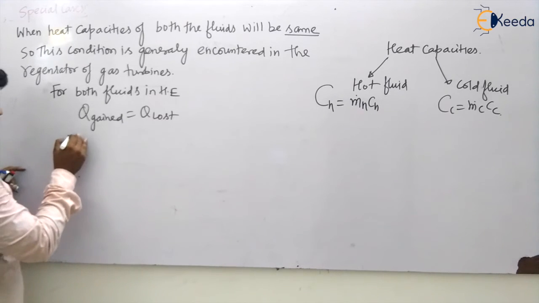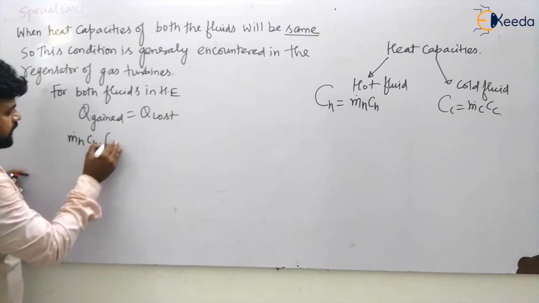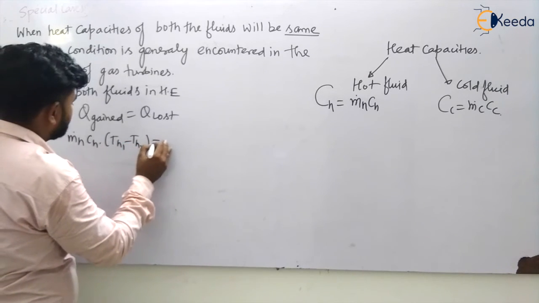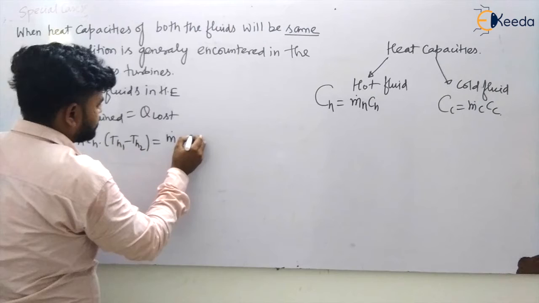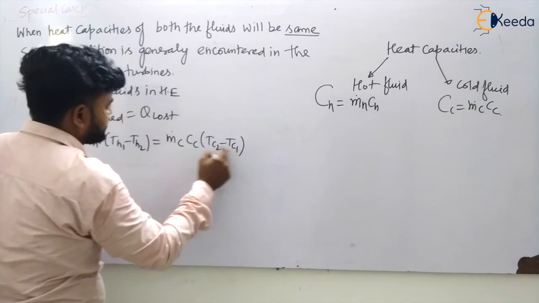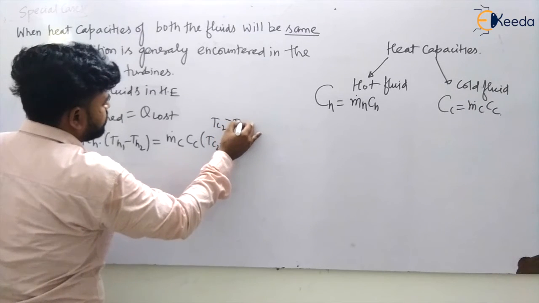So can I write that m dot h Ch into TH1 minus TH2 is equal to m dot c Cc into TC2 minus TC1, because TC2 will be greater than TC1, my dear students.